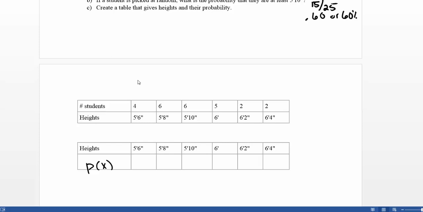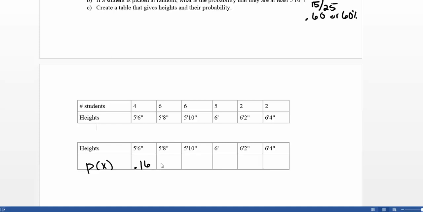So for example, for 5 foot 6, there are 4 students in this category. So what we need to do is figure out what 4 out of 25 would represent as a fraction. So 4 out of 25 is going to give me 0.16.